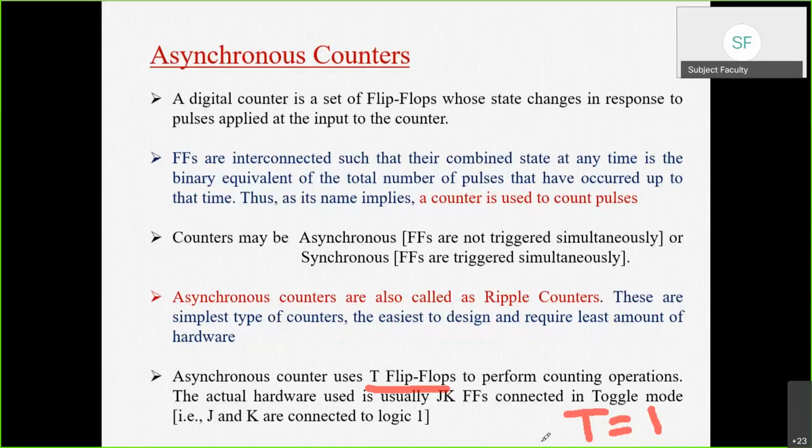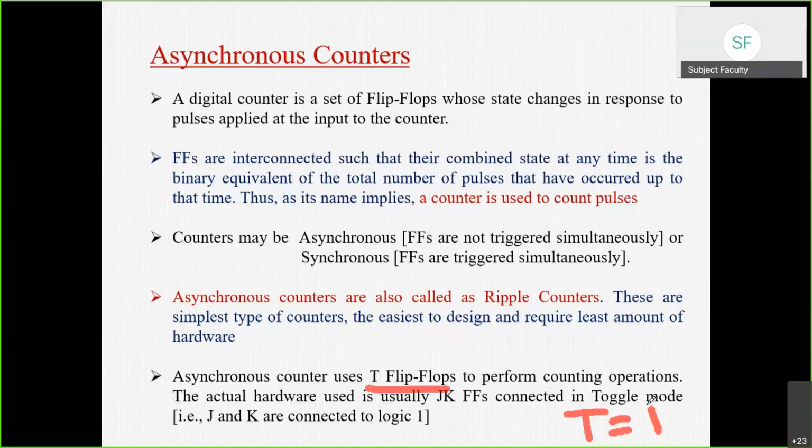But when T equals 1, the flip-flop is in toggle mode, and the current output will be the complement of the previous output. If the previous output is 0, the next output will be 1. If the previous output is 1, the next output will be 0. So this is the toggle mode.